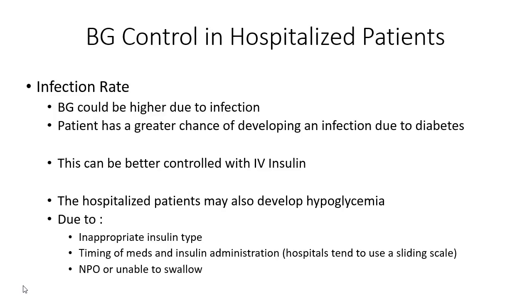This can be better controlled with IV insulin. Now I don't think we actually want you to know a lot about IV insulin, but it's still a concept. You may see this in clinicals. Someone comes in with a blood sugar that is 300, and we already know that that's at least ketoacidosis. But in order to lower that, if you put them on an insulin drip, the nurse can control how much insulin they get in order to lower their blood sugar.